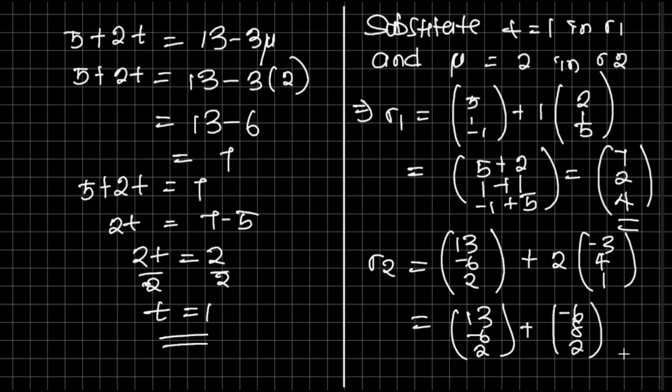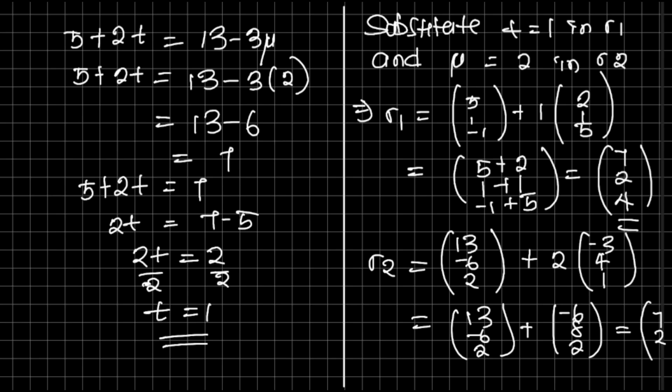So 13 minus 6 is 7, minus 6 plus 8 is 2, and 2 plus 2 is 4. Something looked fishy there, but it's correct. So we still have (7, 2, 4), the same thing.